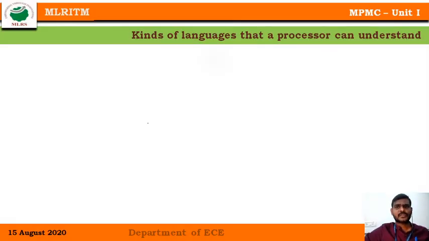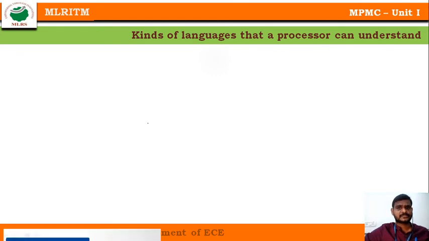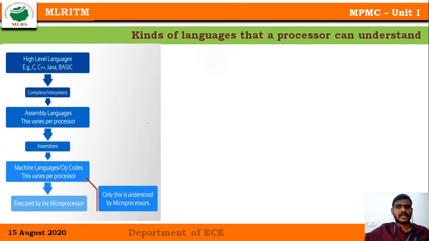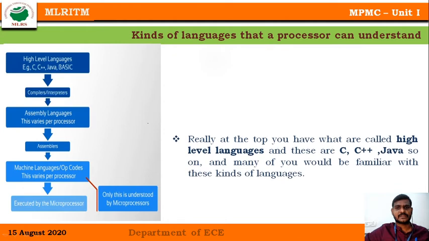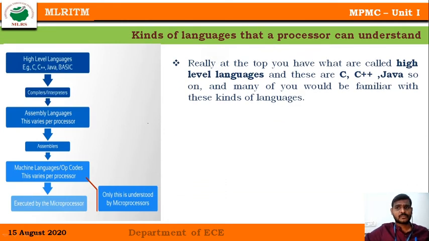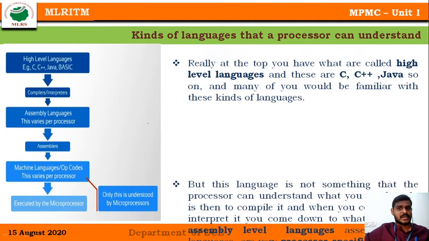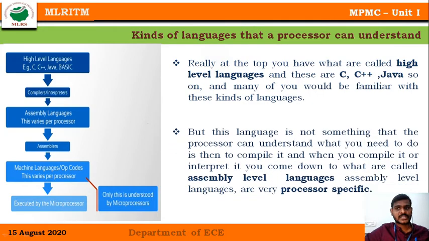Now, the kind of language that the processor can understand. Whatever programming language we write to interact with our computer is called a high level language, such as C, C++, Java, Python, and so on. Many of you are familiar with these kinds of languages. But this is not something that the processor understands.